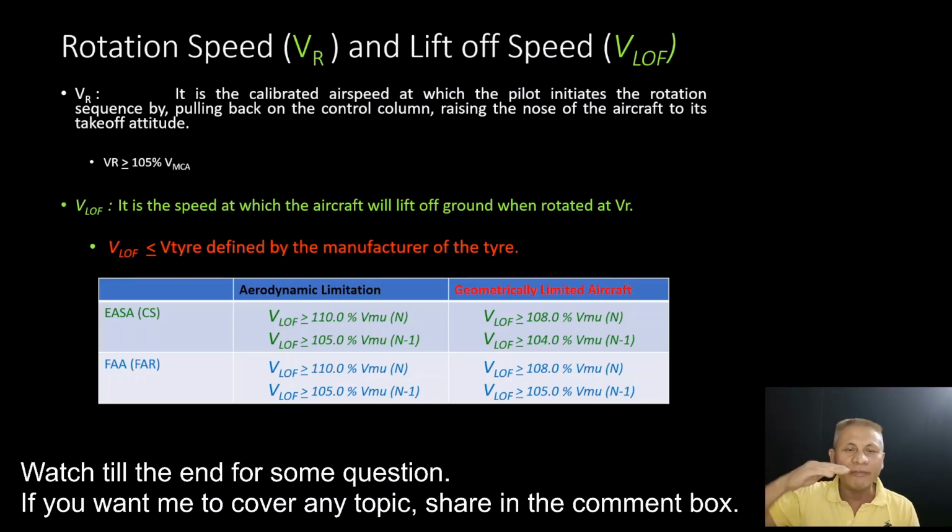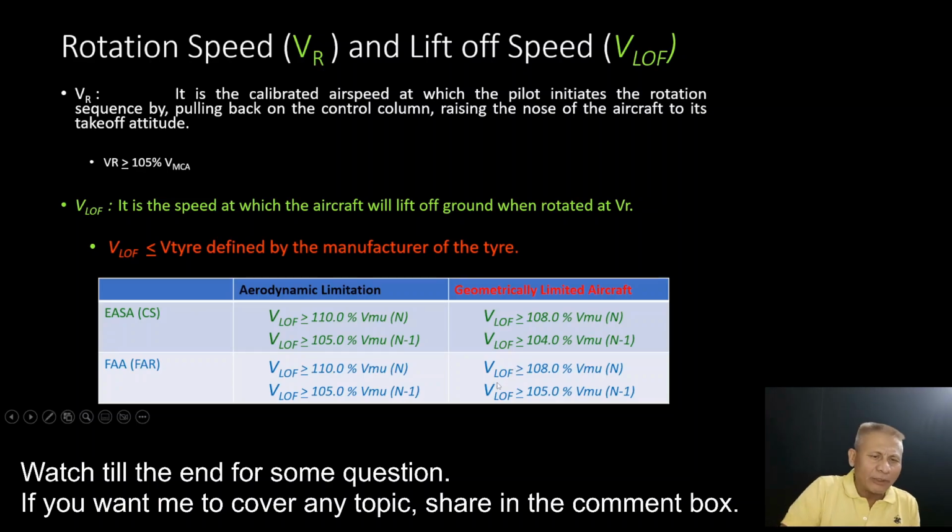And also, if I rotate a particular aircraft at a particular speed, at a particular rate of rotation, the aircraft will finally get airborne when the lift becomes equal to the weight of the aircraft. When the lift becomes equal to the weight and the aircraft leaves the ground, that particular speed is known as the VLOF.